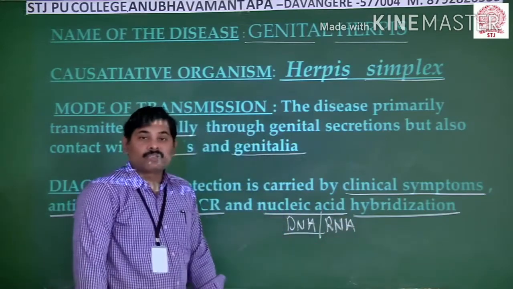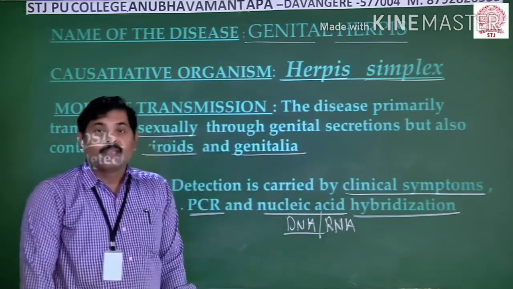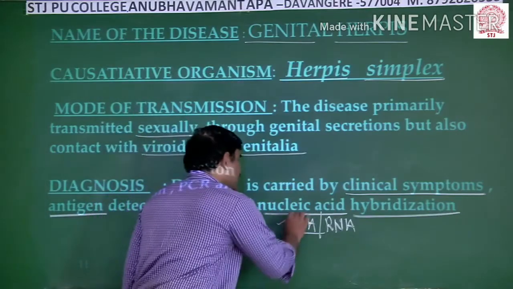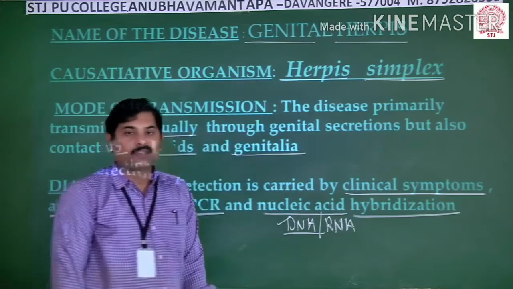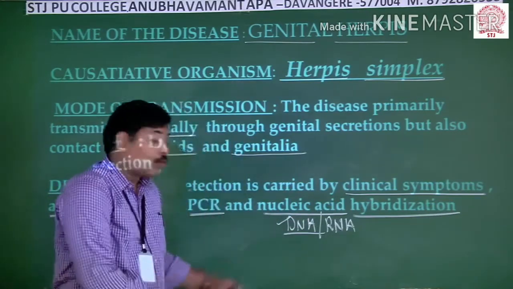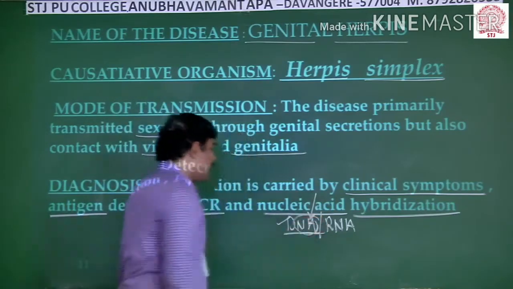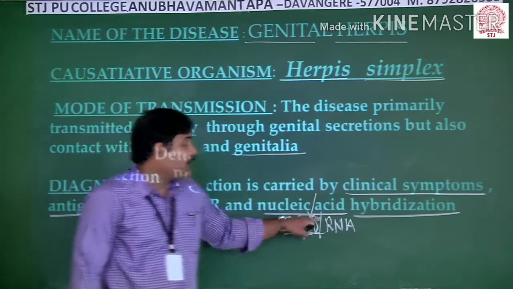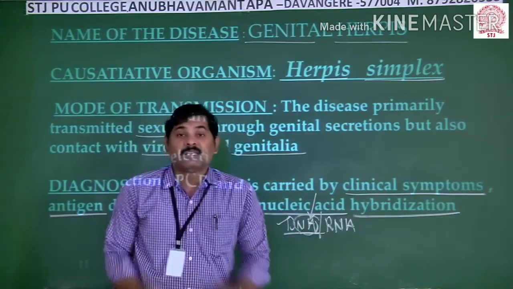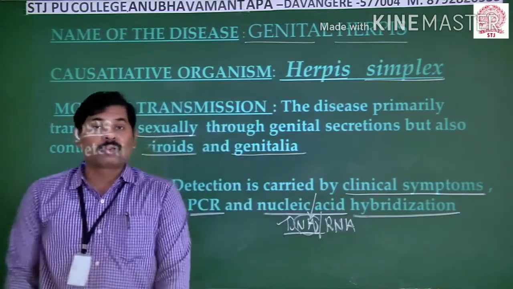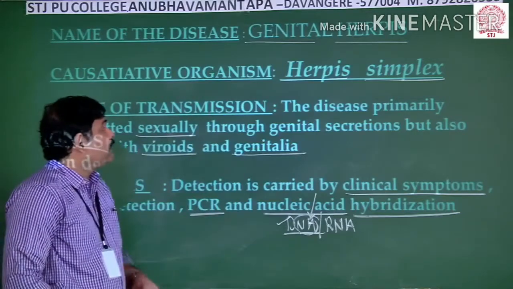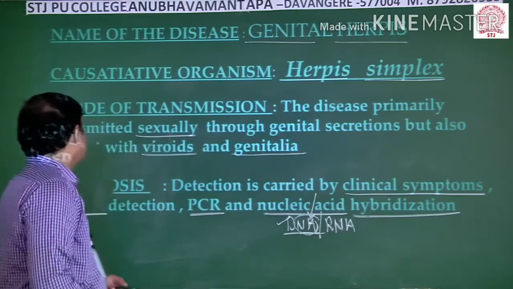Nucleic acids include DNA or RNAs. Here, particularly, you go with the DNAs for identification. So, deoxyribonucleic acid. Hence it is known as nucleic acid hybridization. This technique is also available to us for identification of this herpes disease.